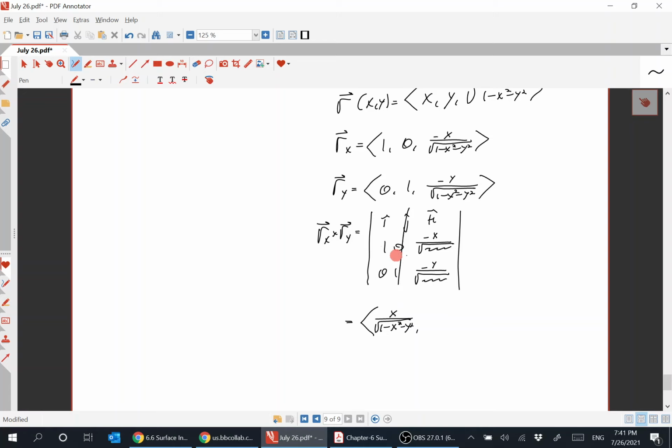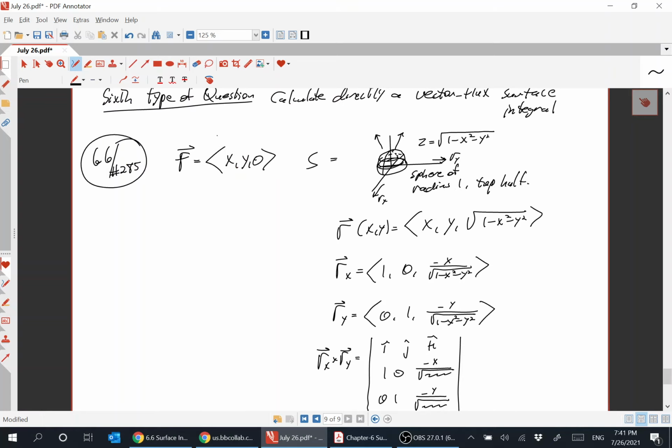And then in the j component, it's the negative of that, but then you negate it. And then in the k component, you just get 1. So that's Rx cross Ry.